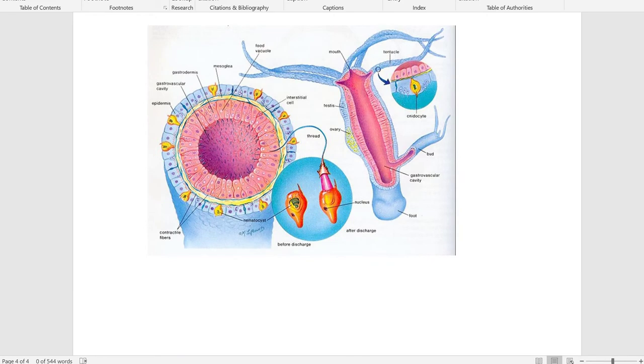Yeah, so here we can see the nucleus of the cell. So this right here is one of those cells, and you can see it before the discharge, and you can see the word nematocyst. So they have these tiny little nematocysts which have these harpoon-like structures which can trigger capturing of prey, right?